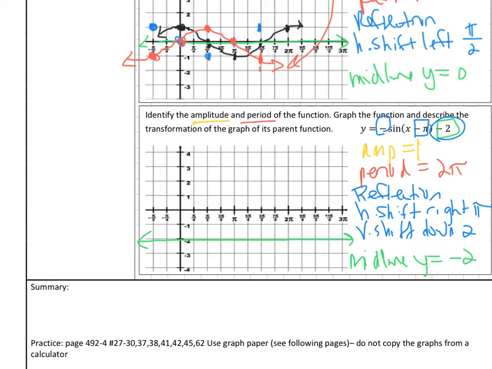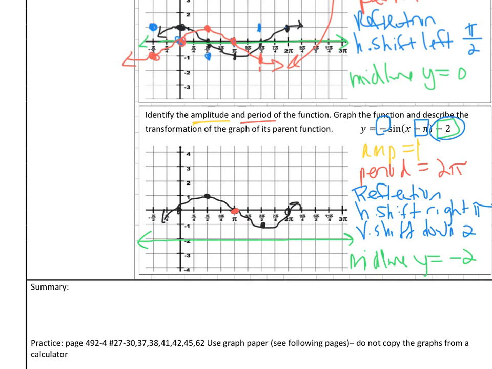Okay, so we start with our parent. The sine: 0, 0, up to 1, back to 0, down to negative 1, back to 0. So there's our parent. When we have multiple things like this going on, we want to do our shifting left and right, up and down next. So we're going to take each point and move it right pi.